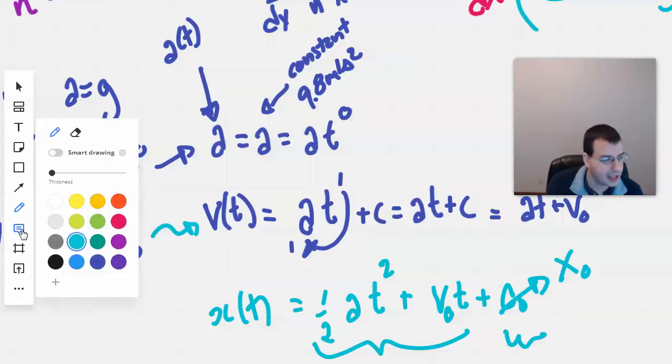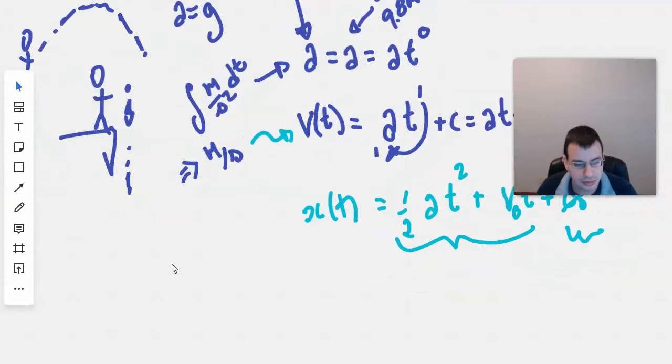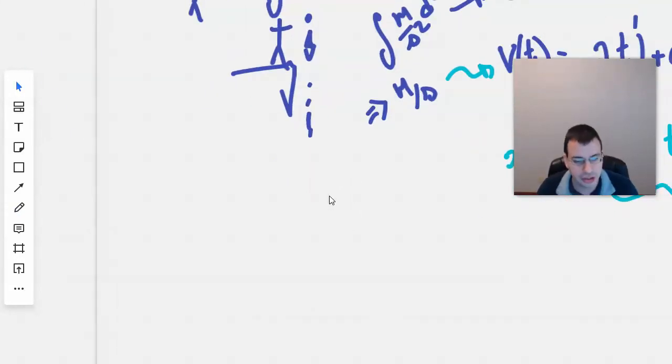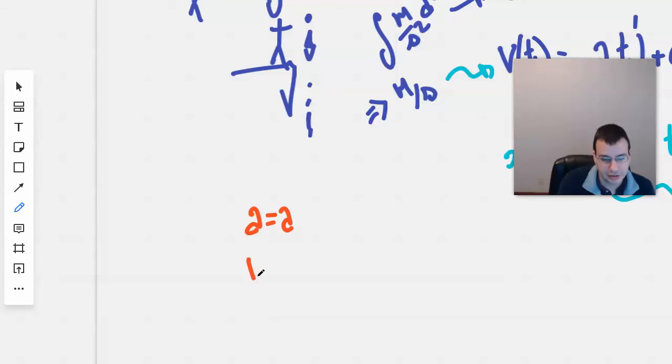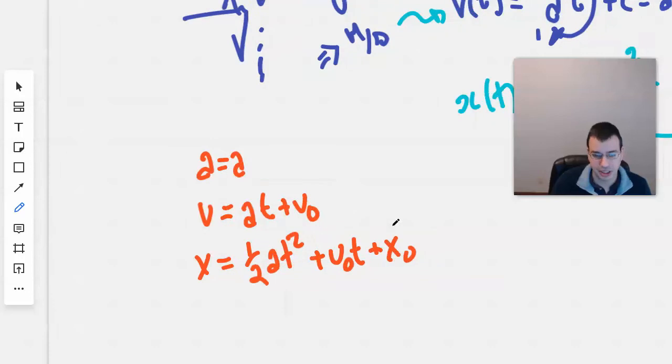So every time I get a kinematics equation, the way I always start it off is a equals a, v equals at plus v naught, x equals 1/2 at squared plus v naught t plus x naught.